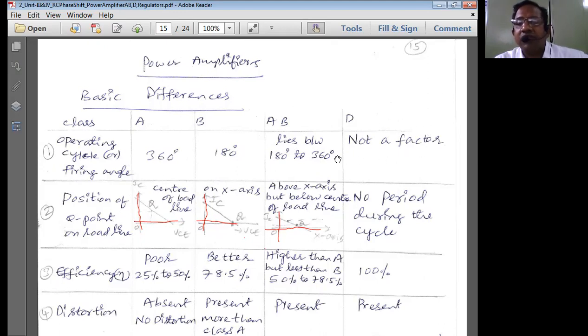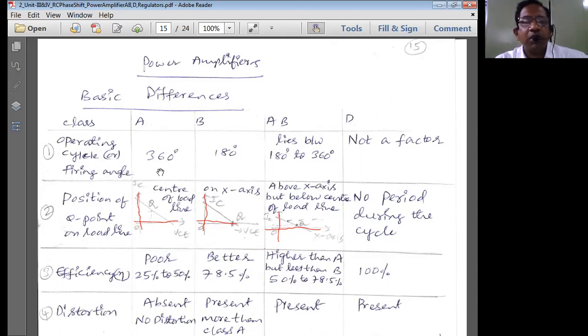Therefore, firing angle is not an issue here. Usually we process PWM signals, pulse width modulated signals, in order to control certain parameters in industry, at the time of manufacturing of products. So this is the first one, the operating cycle or firing angle of the system.